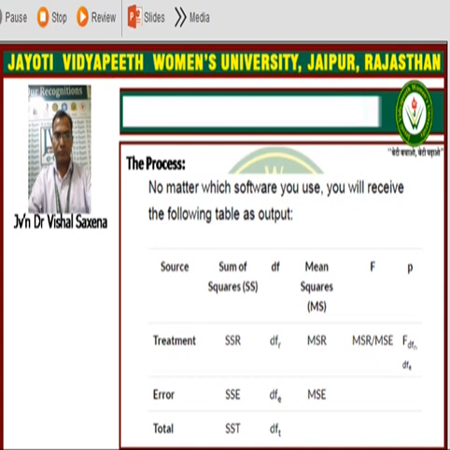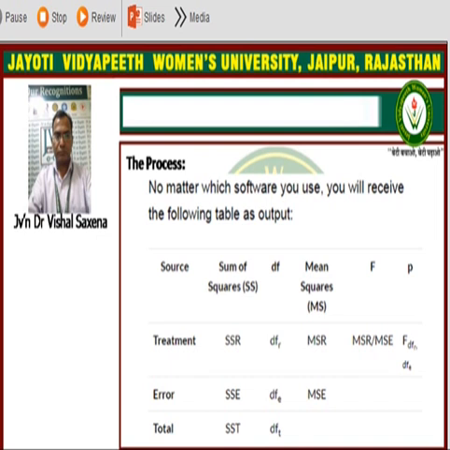The mean squares are written as MS: for treatment it is written as MSR, while the mean square for the error is written as MSE. Now next we will find F, the value of F, that is MSR upon MSE.